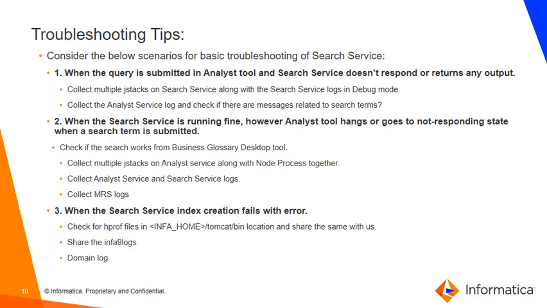For the third scenario, when the search service index creation fails with an error, we may see some hprof files created in the info home tomcat bin directory, and you need to share those with us, along with the info9 logs collected on the search service and the domain log. These are a few basic troubleshooting tips that you can keep a note of, based on the type of issues that you observe.